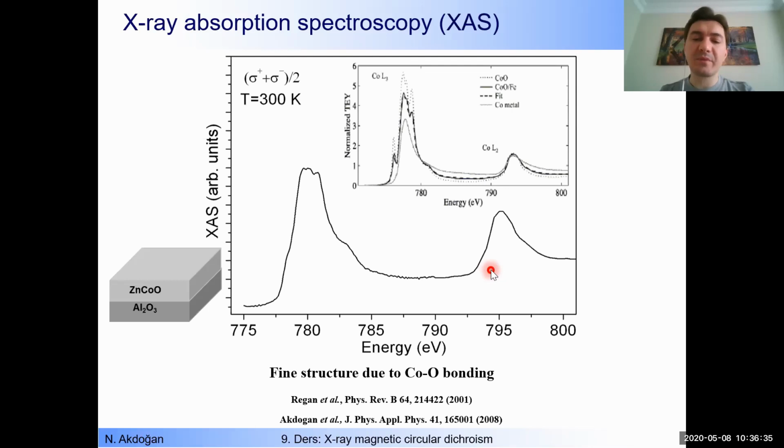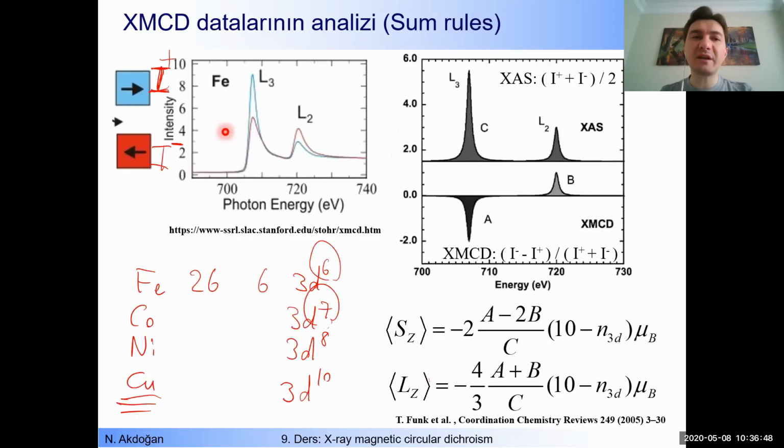So what does this signal tell us? Before going into detail, I would like to tell you which method had been used during that measurement. In order to carry out that experiment, I can use the TAY method, I can use the fluorescence method, I can use the transmission method.